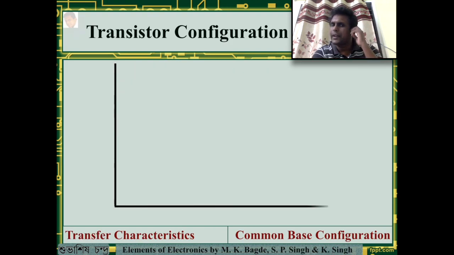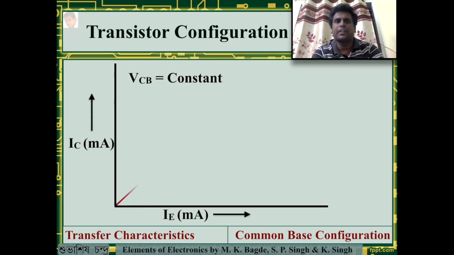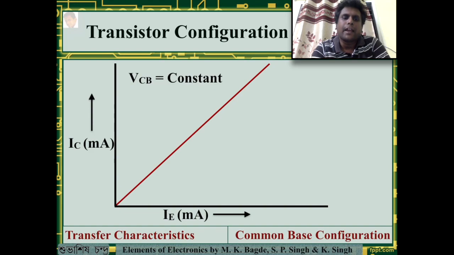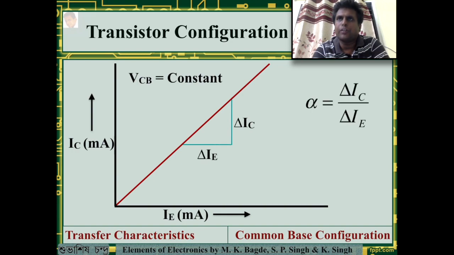In case of transfer characteristics, the output voltage VCB is kept constant and the change in output current IC is measured with respect to the input current IE. We can find a slope of this curve and it is given as alpha, or the current amplification factor, which is change in IC with respect to change in IE.